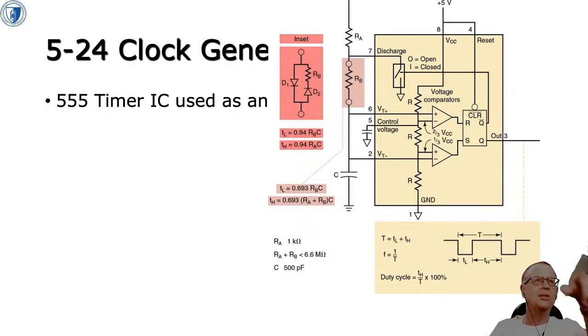And as you might be able to read there, the low time, TL, is 0.94 RB times C, and the high time is 0.94 times RA times C, where C is here, RB is here, and RA is here.